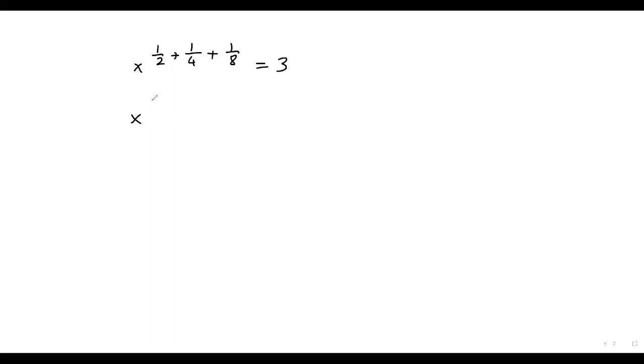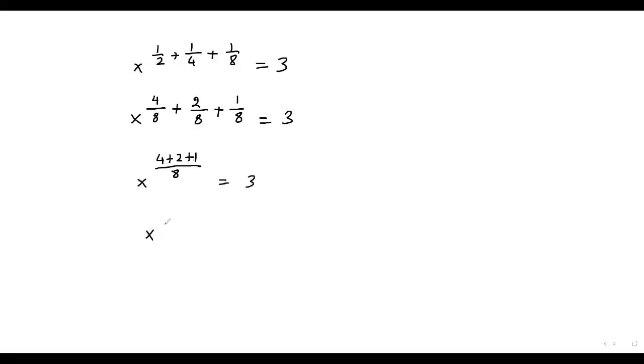The numerator 1 times 4 is 4, and 2 times 4 is 8. I multiply the numerator and denominator of the second fraction by 2, then I'll be getting 2 over 8. I keep the third fraction as it is. So now I have the same denominator. I can take the denominator once and add the numerators 4 plus 2 plus 1, equals 3.